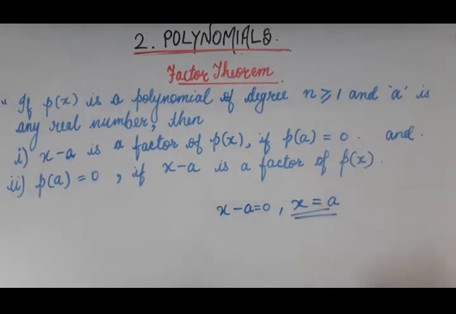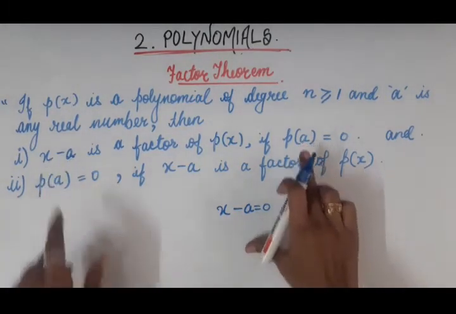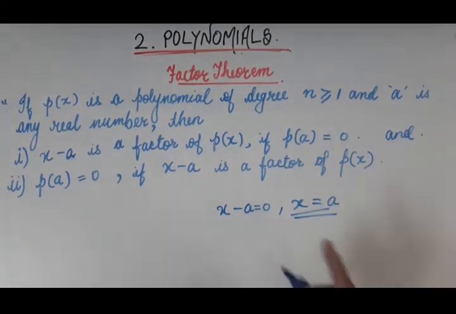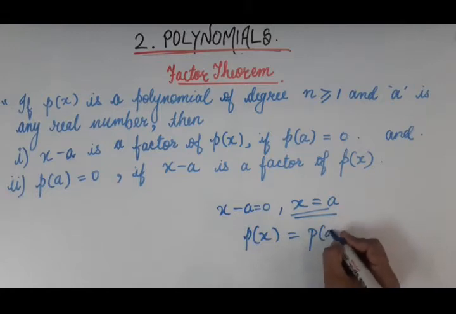So x minus a, its zero is a. And if we put it in the dividend, what we will get? p of x will become p of a if we replace x with the zero of the divisor. And p of a will be the remainder according to the remainder theorem.